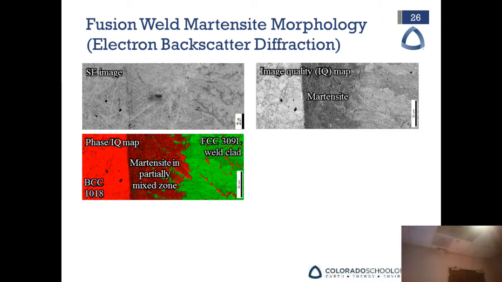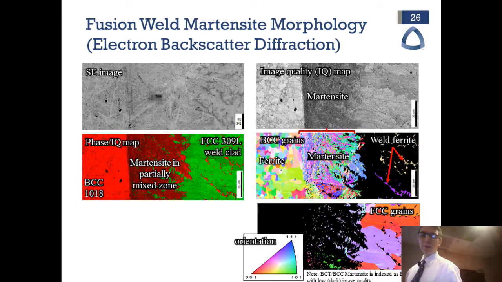From the 1018 steel to the weld cladding, you can see this martensite layer in the partially mixed zone. And if I separate out the phases and look at individual grains, I see that these austenite grains in my weld can be fairly large. It's a solidification structure, so they're pretty big.